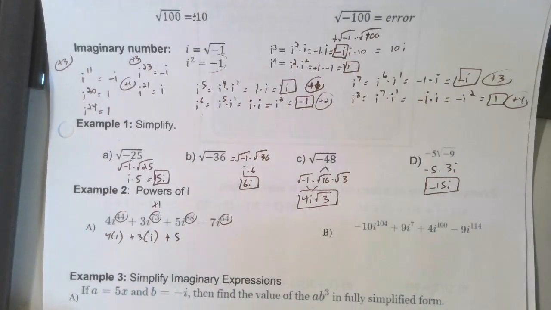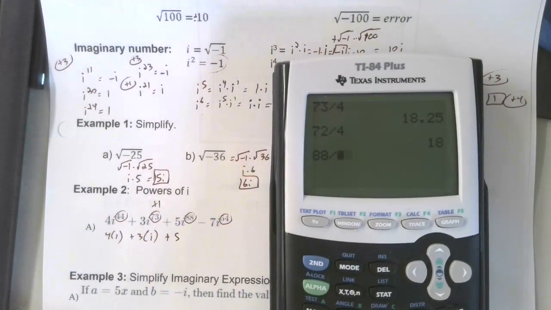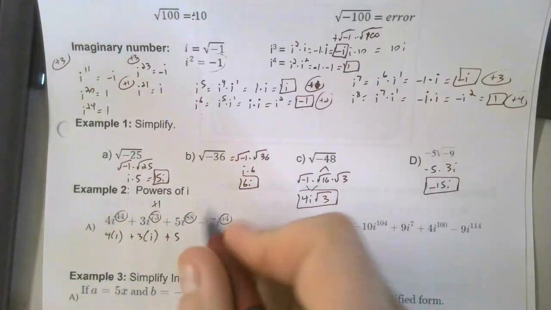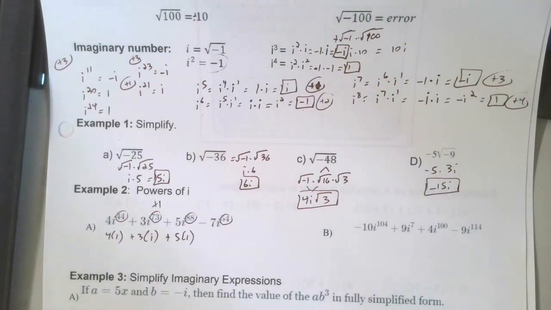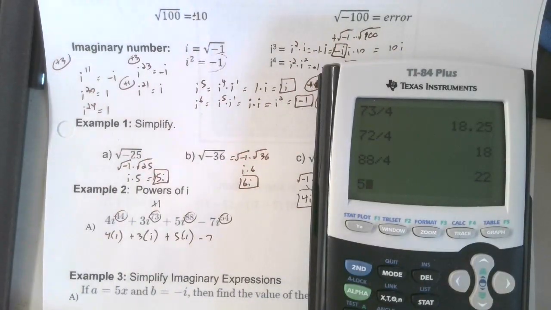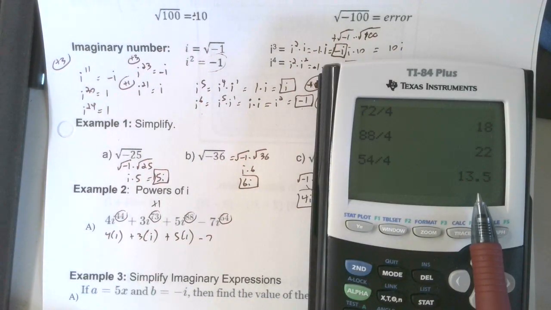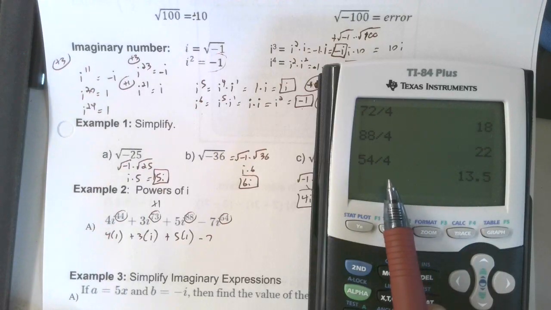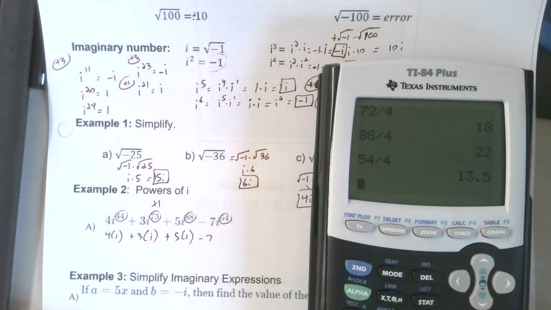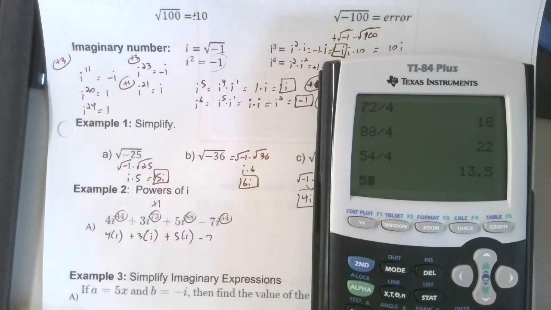i to the 88, divide that by 4, is even. So that's just 1. i to the 54, divided by 4, doesn't work. So you try numbers underneath it. 53 divided by 4 doesn't work.